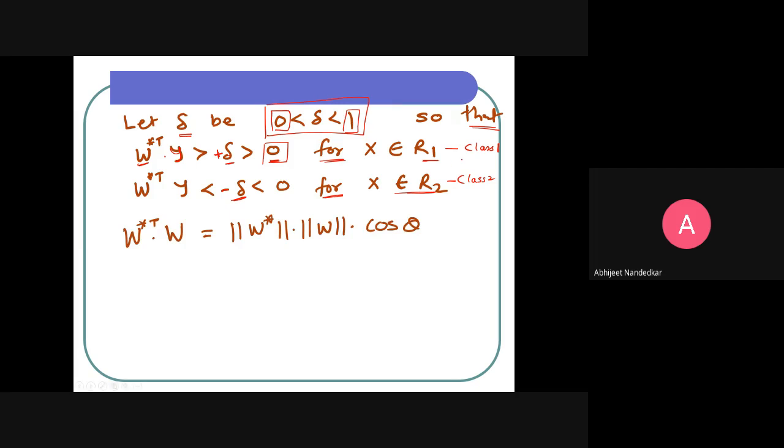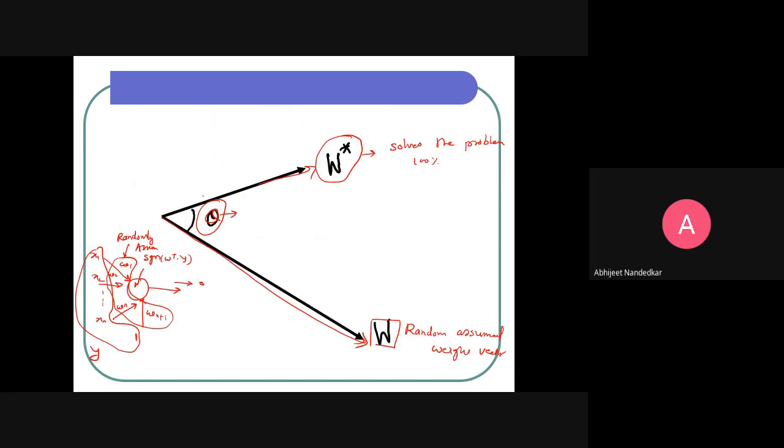Now I take the dot product of these two vectors. So this is W star transpose with W. What will this be? This will be norm of W star into norm of W into cos of theta.